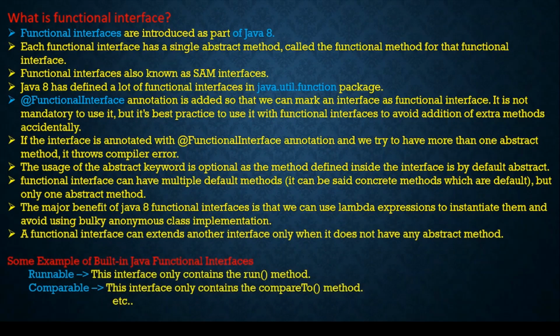And these are some examples of inbuilt functional interfaces: Runnable and Comparable. While creating a thread, we have the run method. The Runnable interface contains the run method, which is an abstract method, and in Comparable there is a method called compareTo, which is also an abstract method. That is nothing but inbuilt functional interfaces.